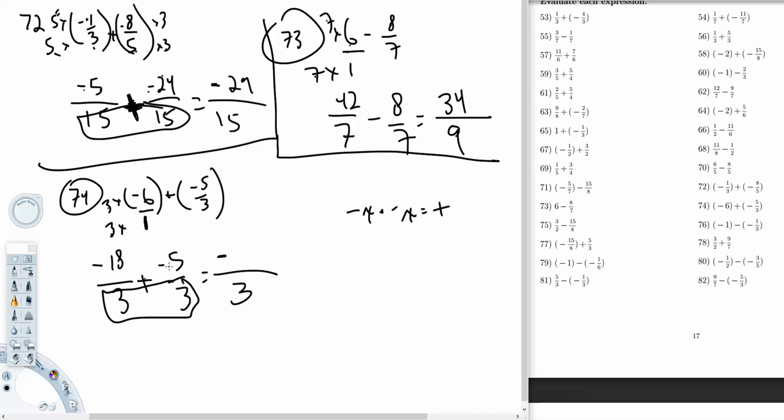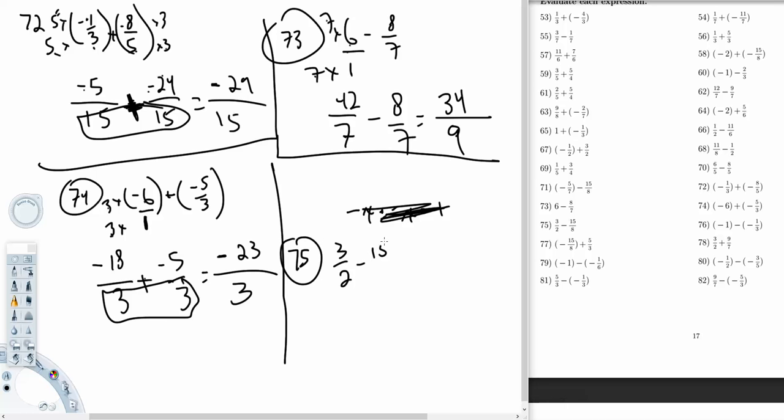When you're adding or subtracting, it's not that. So negative 18 plus negative 5 equals negative 23 over 3. That is your answer. Now we go to 75.